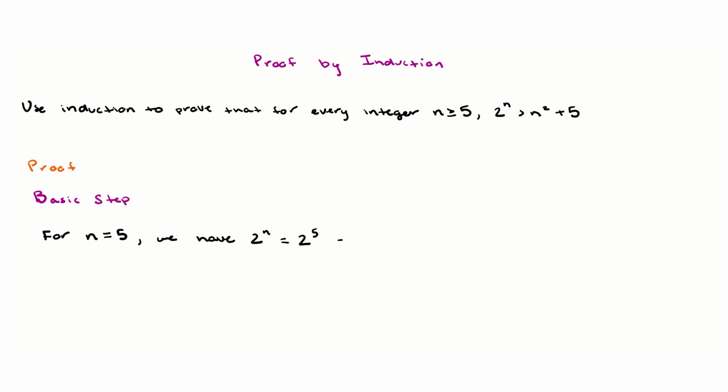Now 2 raised to 5 equals 32, which is greater than 30, which equals 5 squared plus 5, which is the right side of our equivalency sign in our example, n squared plus 5. So in our basic step, we see that 2 raised to n is greater than n squared plus 5.